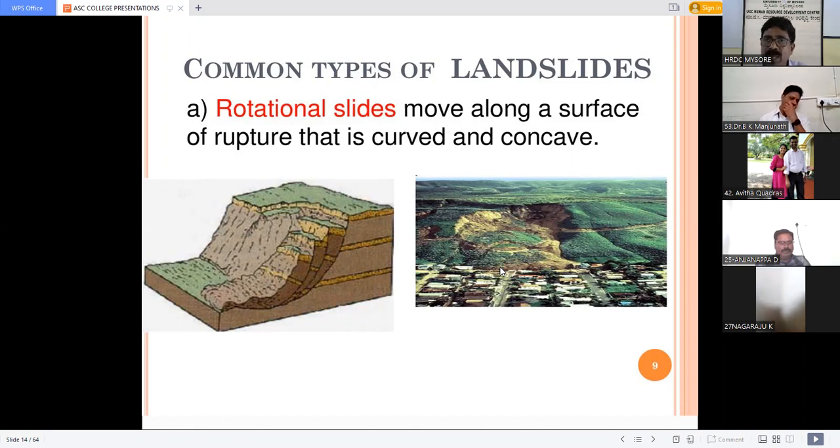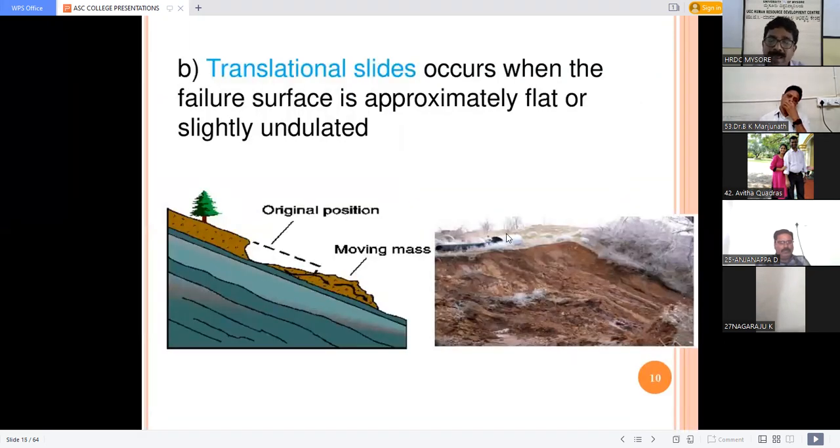Rotational slides may be due to gravitational force, with the movement of rock structure at a 10-degree or 20-degree angle of the boundary, and sudden collapse is possible in nature. That is called a rotational landslide.